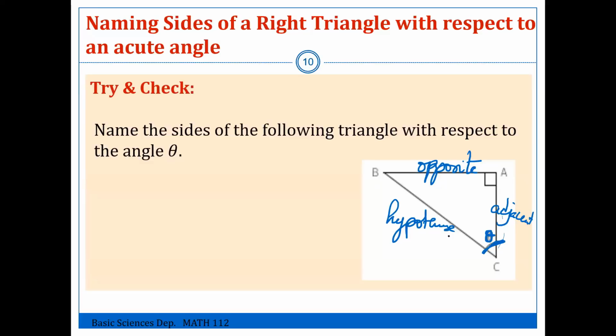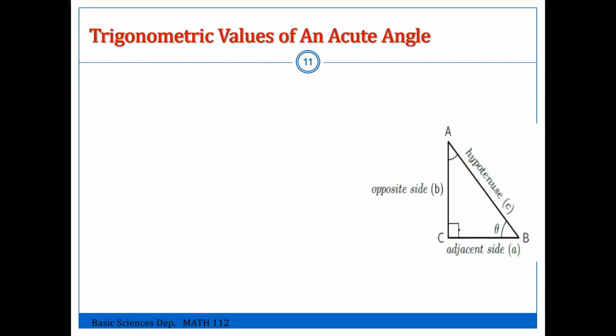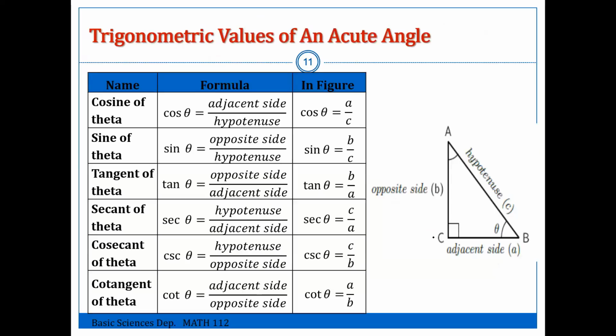ليش نسميهم؟ I need them to define the trigonometric ratios اللي هم عددهم 6: cosine, sine, tangent, secant, cosecant, and cotangent. اوكي، عندنا 6 trigonometric ratios. ليش مهمين هذا؟ مهمين لأنهم يربطوا الزوايا بالأطوال.